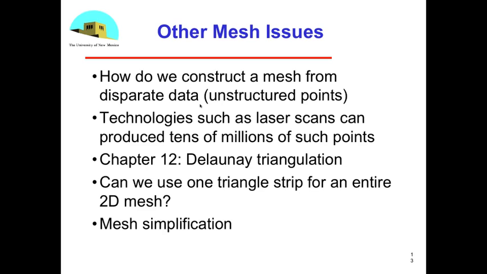If I have a flat area, like go back to that Honolulu data where you had the ocean, I don't need very many polygons to represent large areas of the ocean, but where things are changing rapidly, a measure of that is the curvature of the surface or the curvature of a curve, I would like to have a lot of polygons there. So how do I take a mesh that might have too many polygons in it and simplify that mesh?